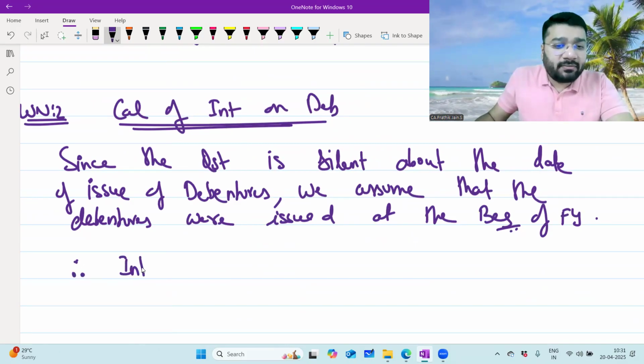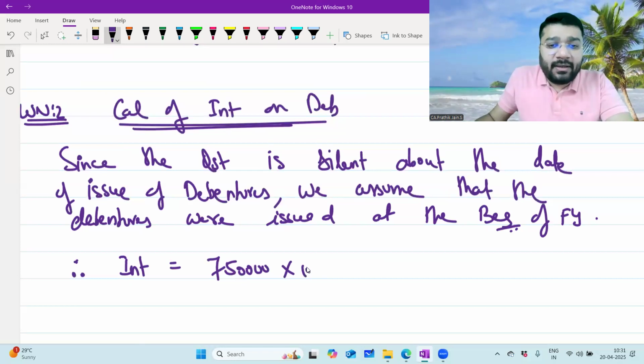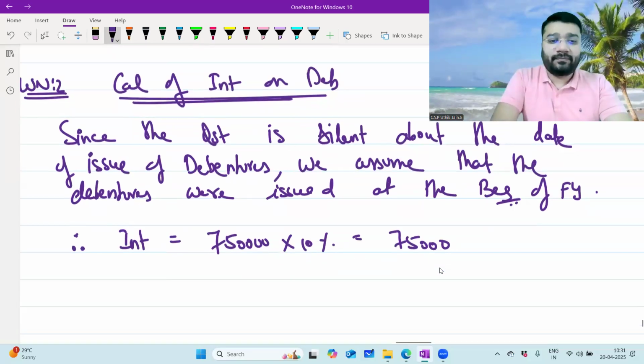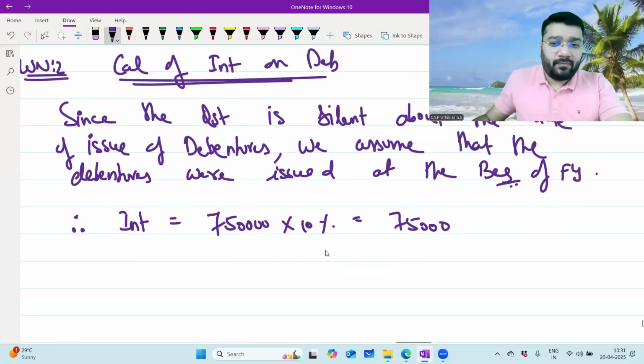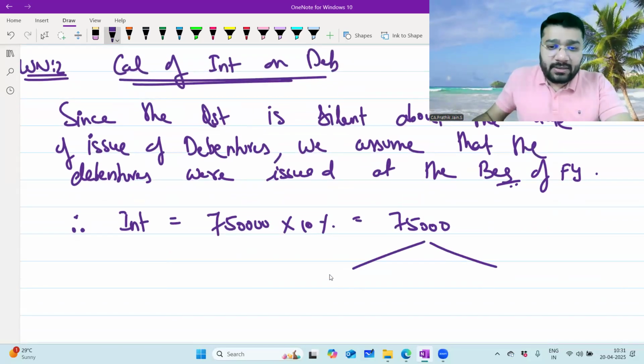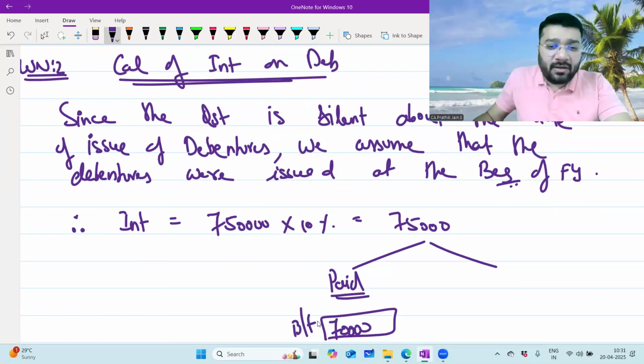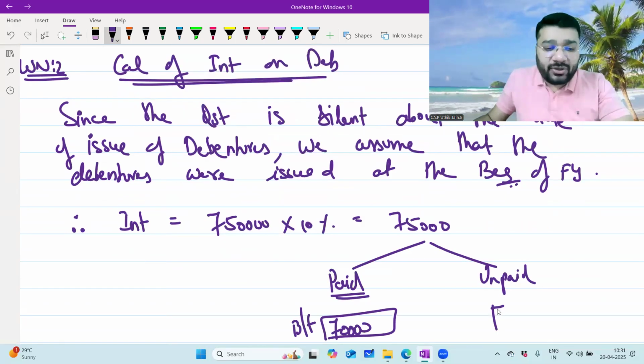Therefore, interest is equal to 7,50,000 into 10%, which is 75,000. In this, paid is 70,000, and this is your balancing figure, because unpaid information of 5,000 is given in the question.